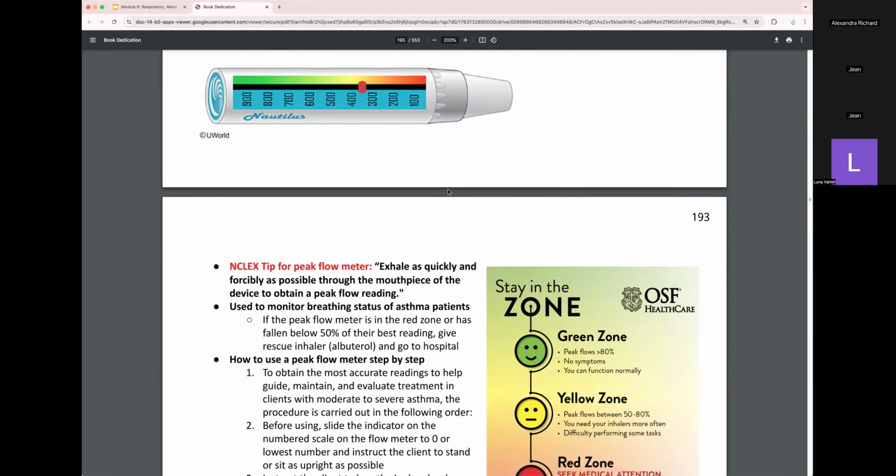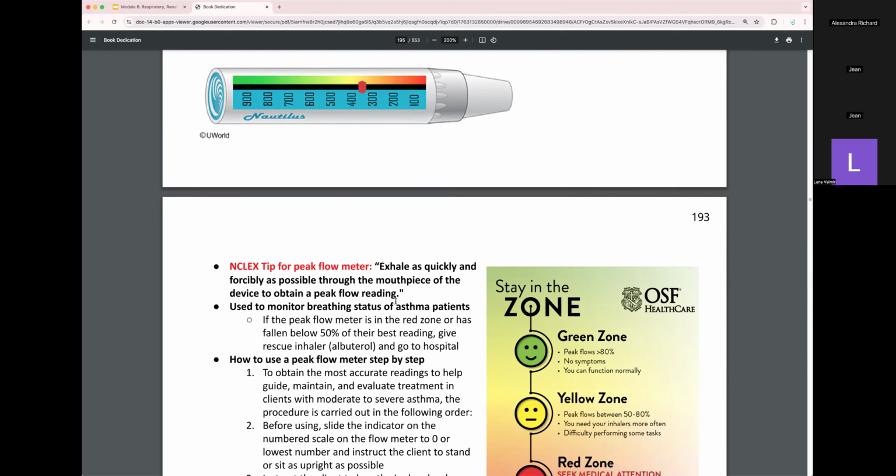So how do you use a peak flow meter? So this is what I want you to memorize for NCLEX. You educate the patient to exhale as quickly and forcibly as possible through the mouthpiece. You exhale. So they're going to breathe out into this.